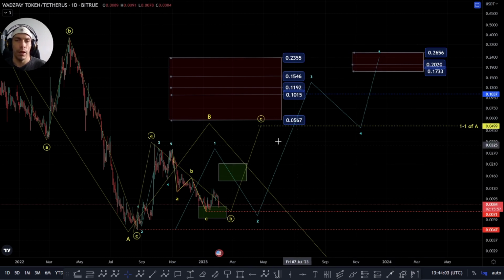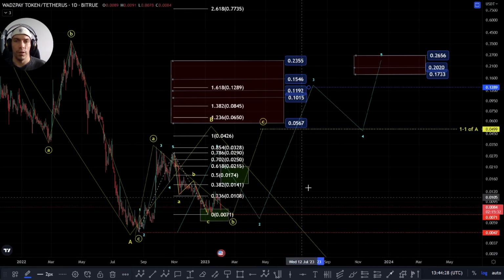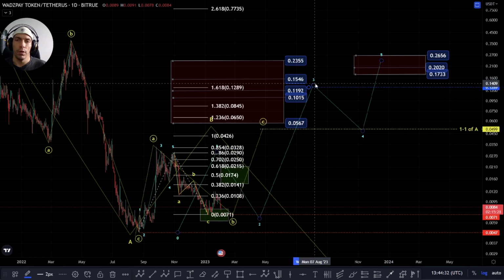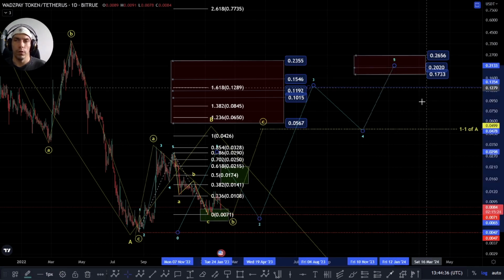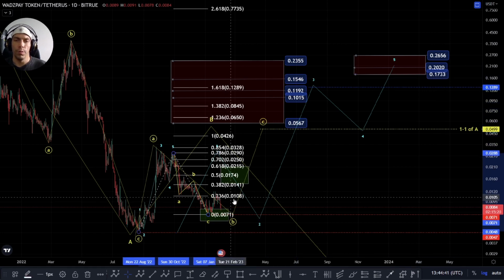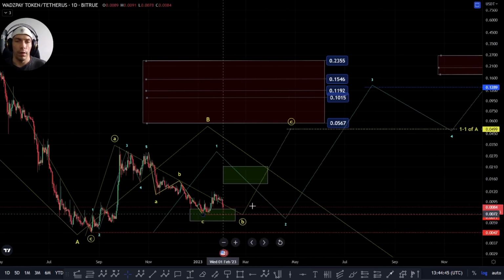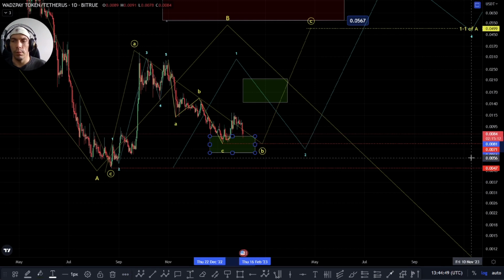So this is something that can play out, but we'd have to move up past this 1289 would be the zone that we would need for this 3rd wave. If we do get this 3rd wave, we'd be looking for that 4th wave and a 5th wave to the upside, potentially into this zone here of this 2656 to this 1731. So this would all be relying on holding this area here of this 47, and effectively also holding this support box here. We wouldn't really want to lose this.